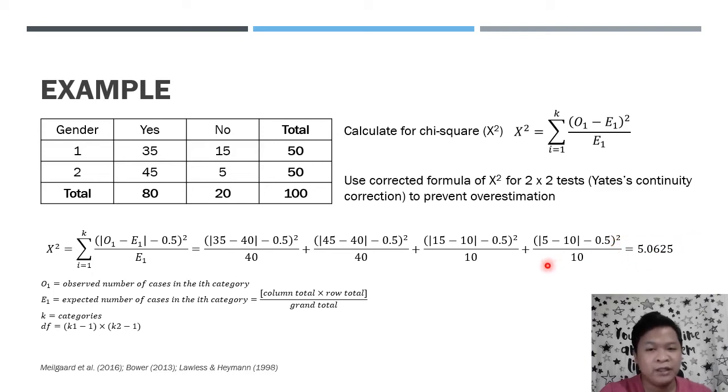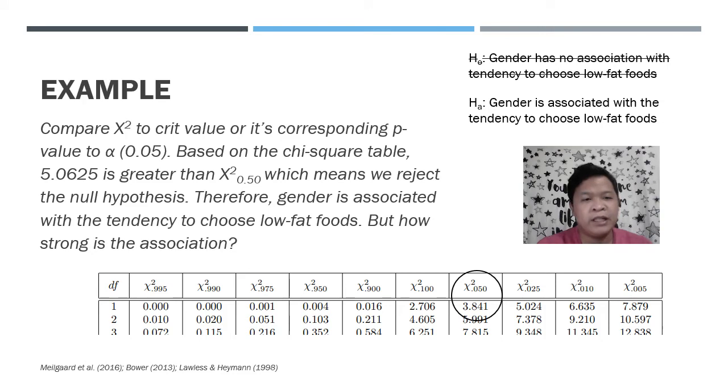All right, and of course, you want to compare this with the tabular value based on the degrees of freedom that we have. So given a typical alpha of 0.05, and again, our degrees of freedom is only 1 based on the equation and the fact that there are only two choices.